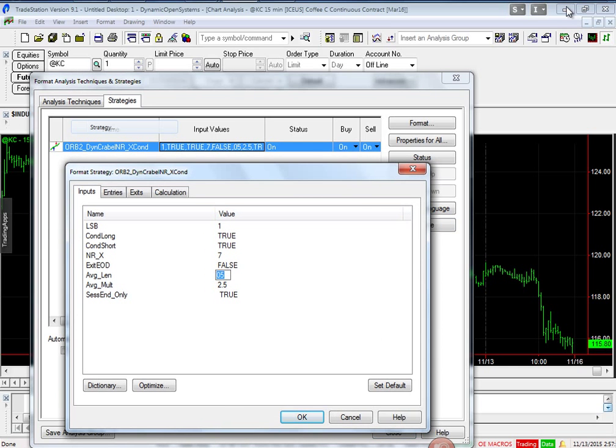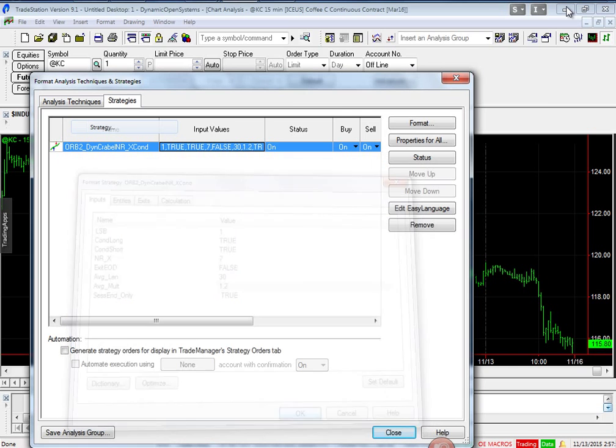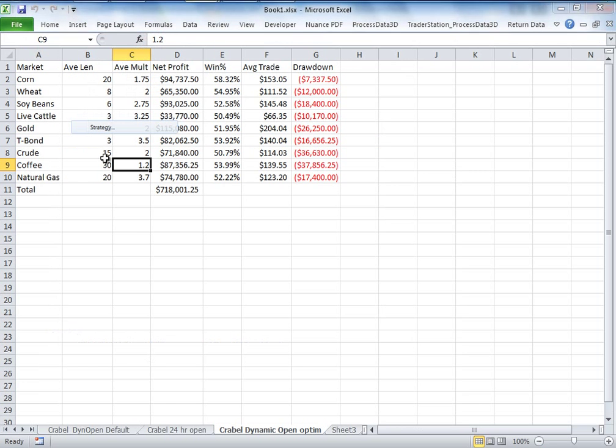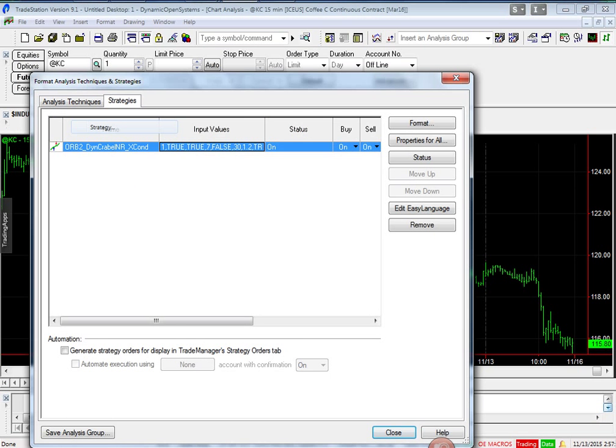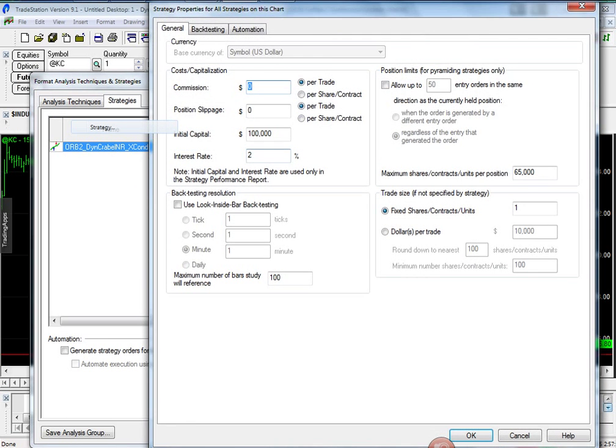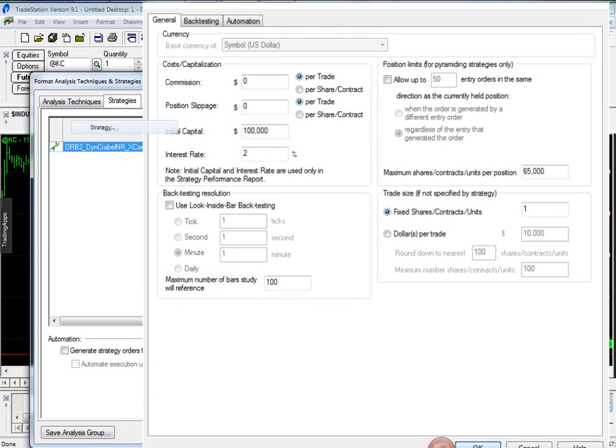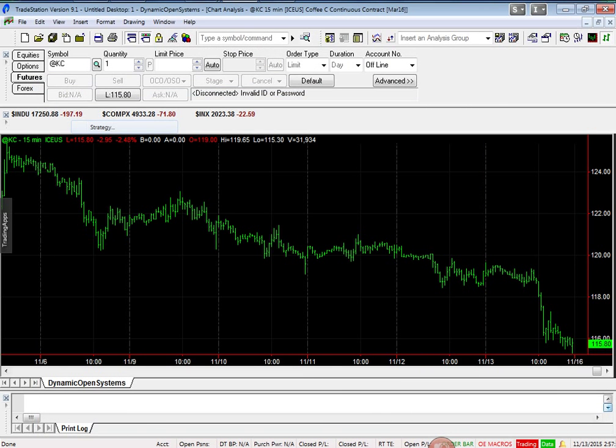We're going to use our 30 and 1.2 like we had here. And we'll do our 100, and we'll add slippage and commission in a second.